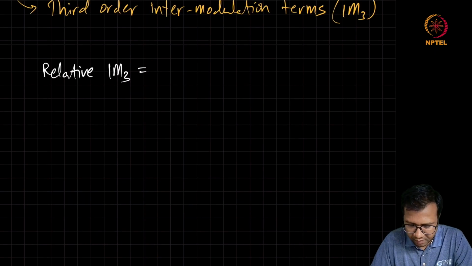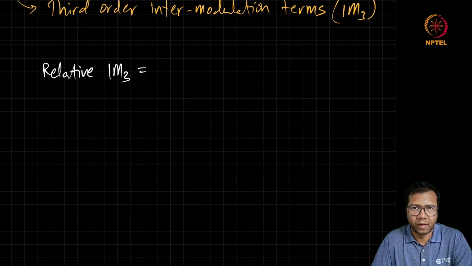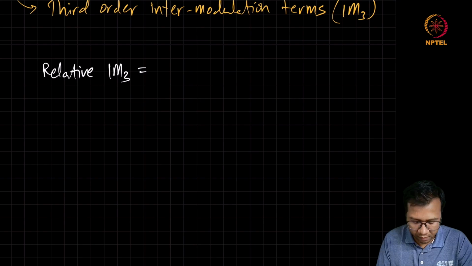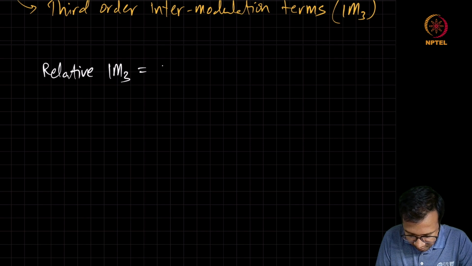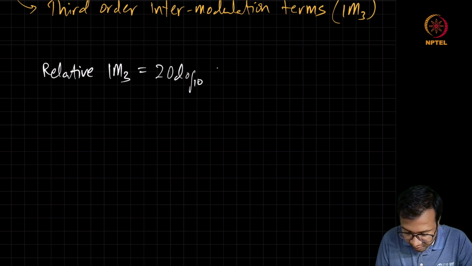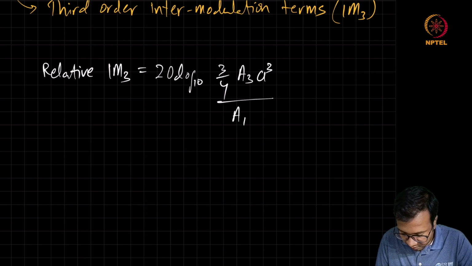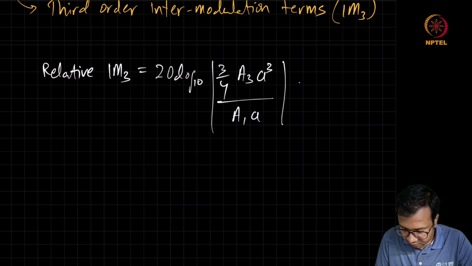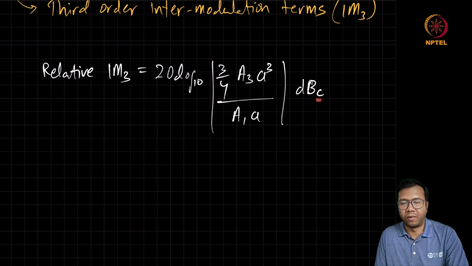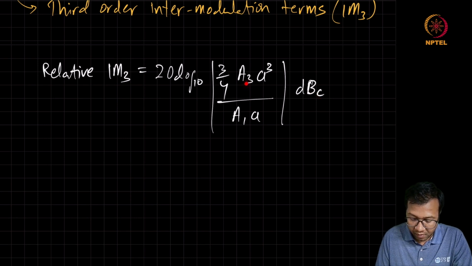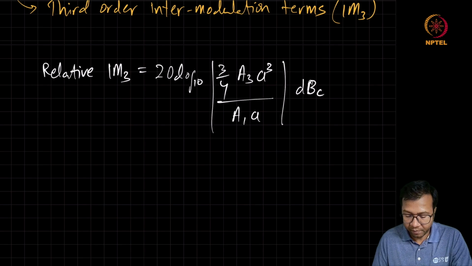The relative IM3 captures the strength of intermodulation components with respect to the fundamental component, and relative IM3 is expressed in log scale as 20 log of the strength of the IM3 component, which is 3 by 4 A3 A cubed, normalized to the fundamental strength, which is A1 A. This is referred to as dBc to emphasize that we are comparing the intermod component with respect to the fundamental component.